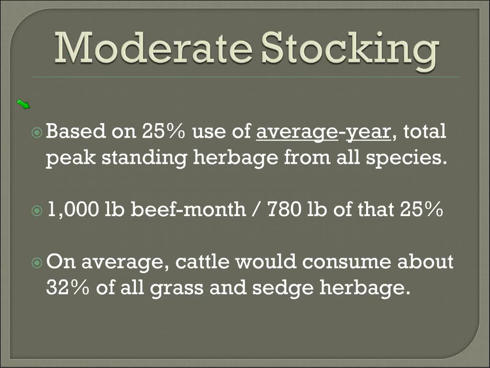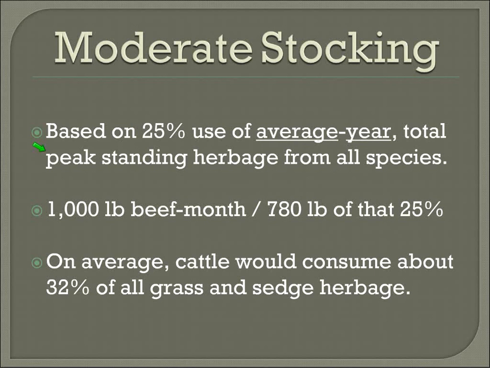Now, it's a long-standing practice of the NRCS, the Natural Resources Conservation Service, to recommend initial stocking rates for rangeland. And typically, you can see by looking at information that they are very closely estimated if you just simply base your stocking rates on 25% use of the average year total peak standing herbage from all species.